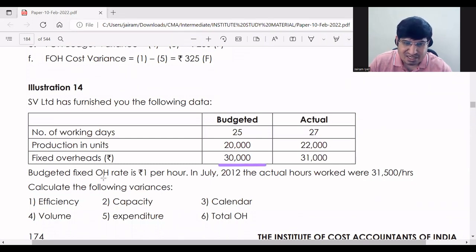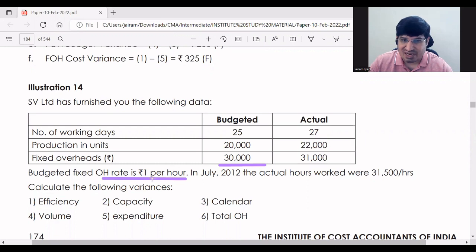Now, because here budgeted fixed overhead rate is 1 per hour, ठीक है. So 1 rupee के लिए it's 1 hour. 1 hour cost is 1 rupee. So 30,000 rupees, how much will be the standard cost? 30,000. So ये यहाँ से it has to be computed, saying that for 1 hour it is 1 rupee.